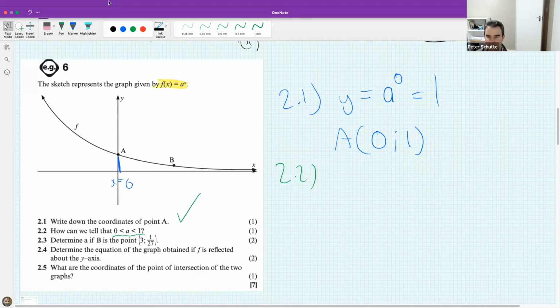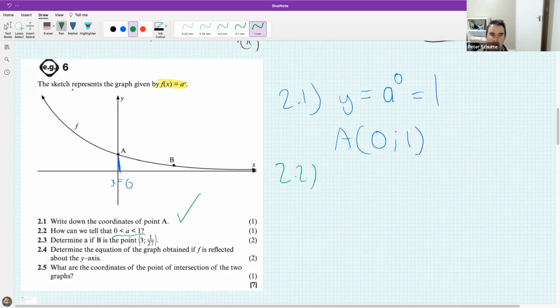Who else has an idea? How do we know that this a value must be a fraction? We see that it is a decreasing exponential graph. It's not taking off, it's coming in for landing. And so that's how we know that the value of a must be between 0 and 1.